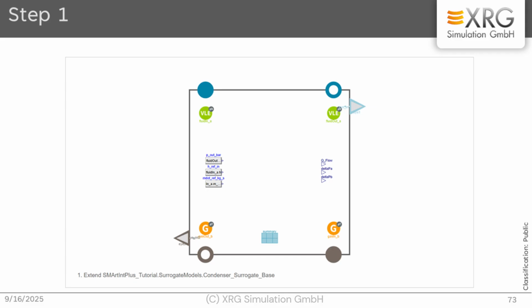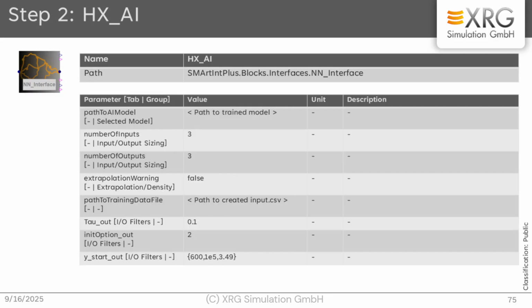I'll show some details too. The first step would be to duplicate or extend this base model, and then we want to add our SMArtInt interface block, and we then have to define our values, like the number of inputs, number of outputs, and the path to our model.